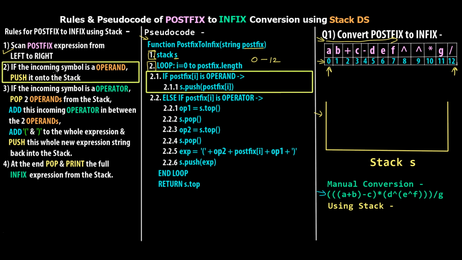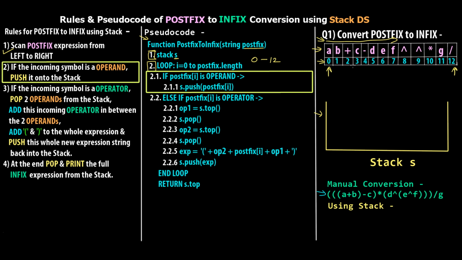Rule number 2 says if the incoming symbol is an operand, push it onto the stack. Now if you observe this postfix expression, which is a, b plus c minus d, f raised to star g divided by, you can see that we don't have any brackets. And that's the reason why things are a little simple over here, because in postfix or prefix expressions, we do not require any brackets.